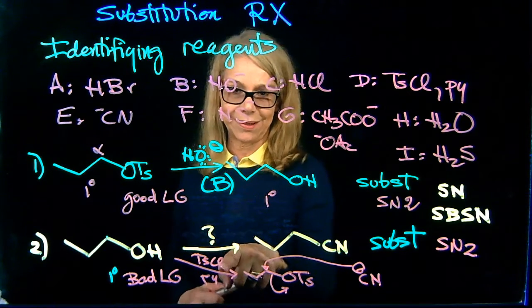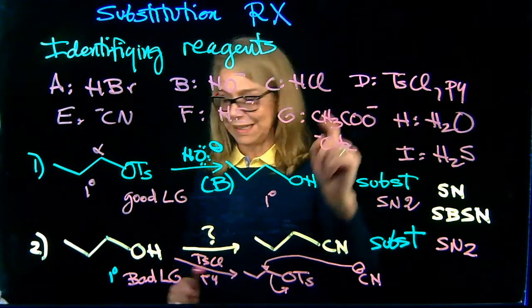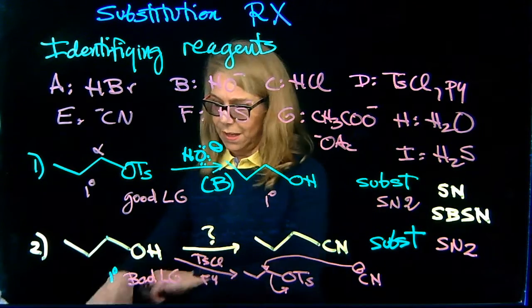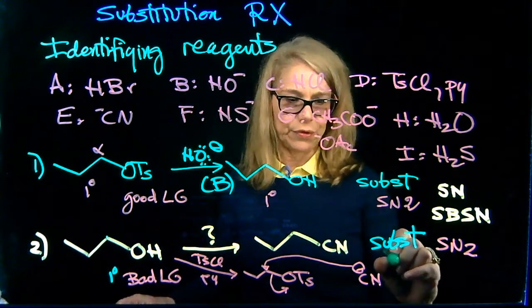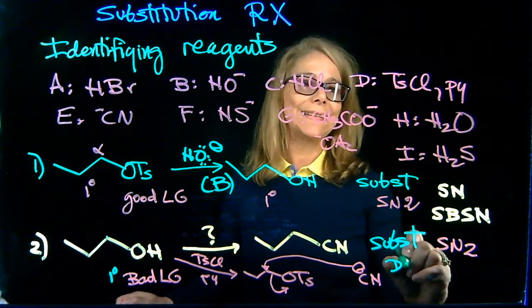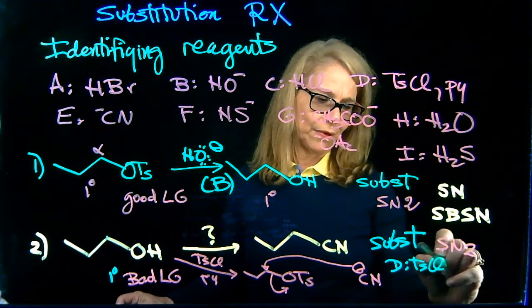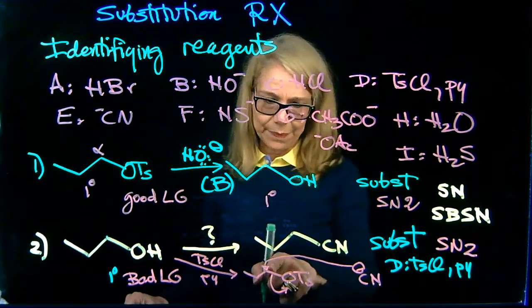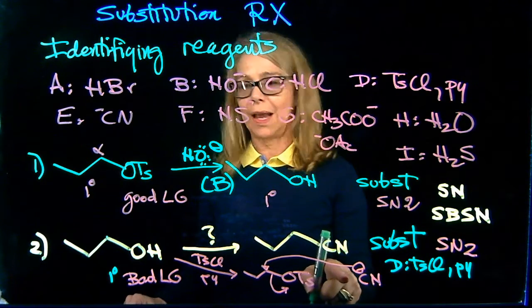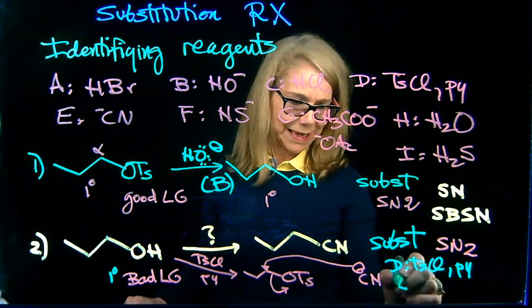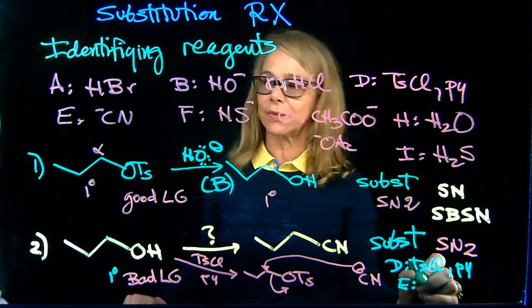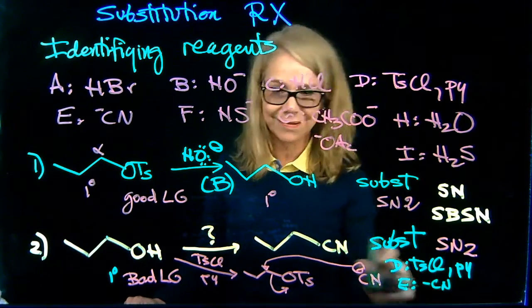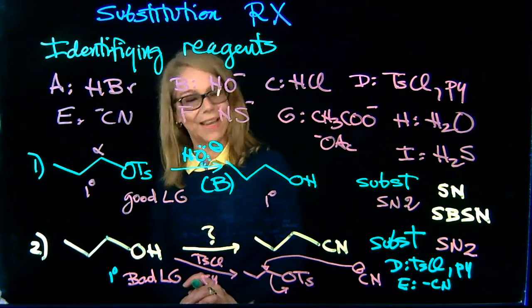First, we needed to make a better leaving group, so we use reagent D here. Let's write that down. I have used D, and D is tosyl chloride and pyridine. And then I use cyanide, so that is reagent E. So a sequence of two reagents I need to use for that problem, okay?